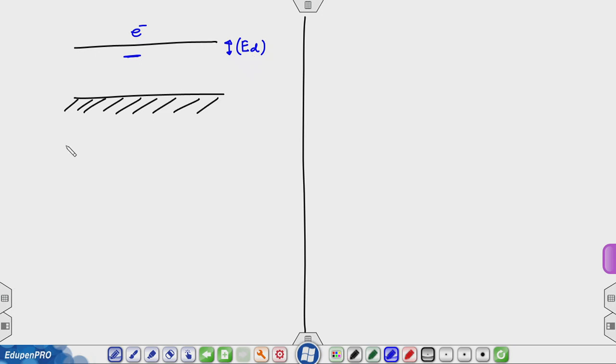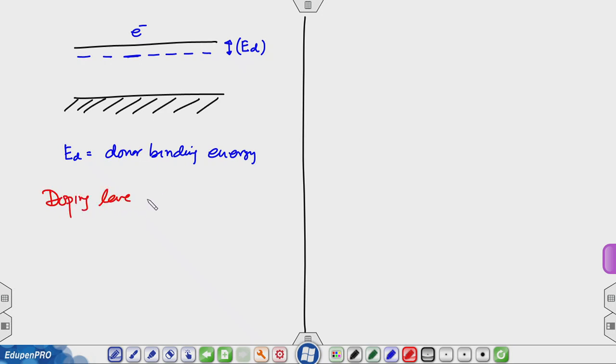So, E d I would call the donor binding energy. If you put many of them, all these states will be here. The doping level is generally 1 in 10 raised to 6. So, these states do not overlap.